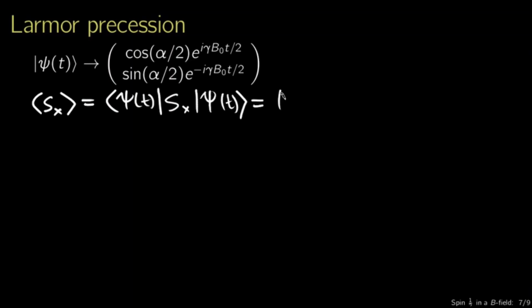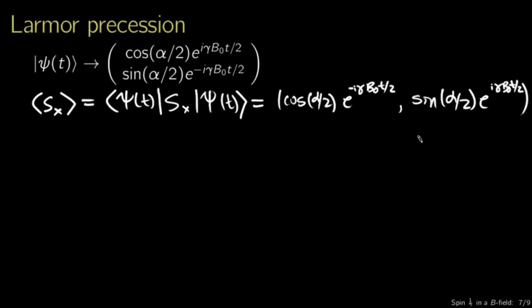So I can write that as cosine of alpha over 2 e to the minus i gamma b0 t over 2, and I'll put a comma in here to signify the space between the two components of my row vector, sine alpha over 2 e to the i gamma b0 t over 2.